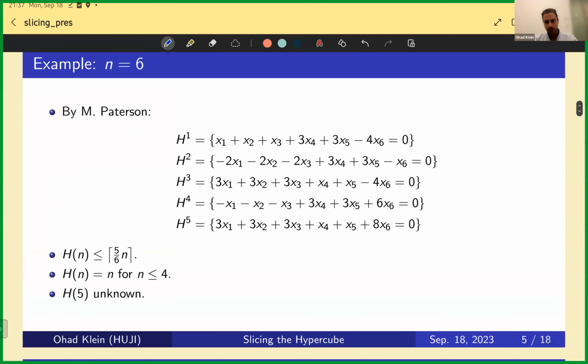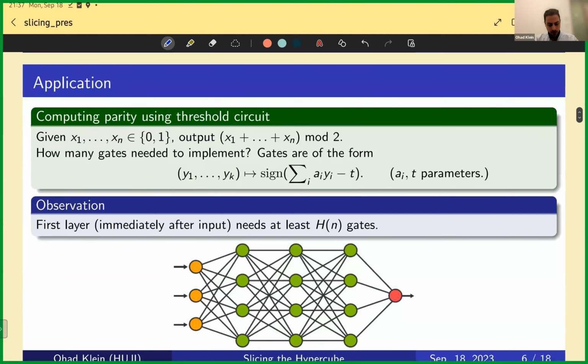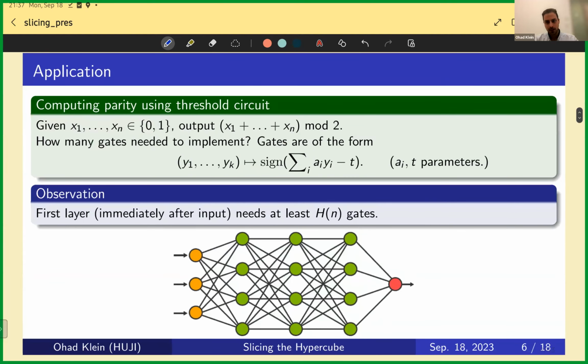So we will get to the history later, and now, what are applications of determining this number h of n?